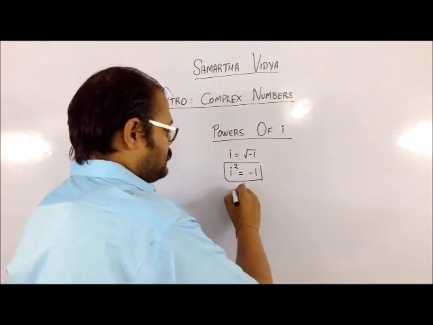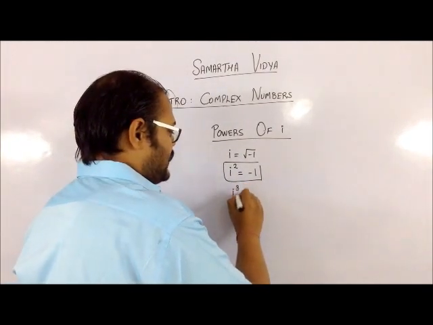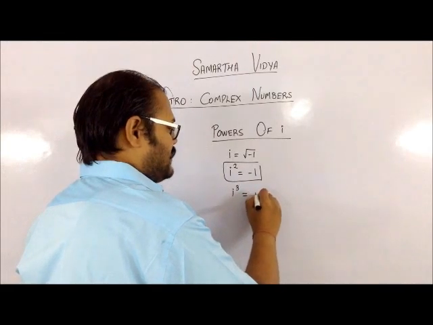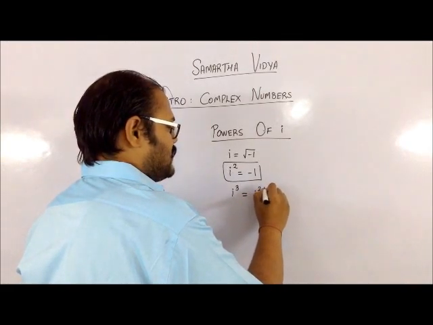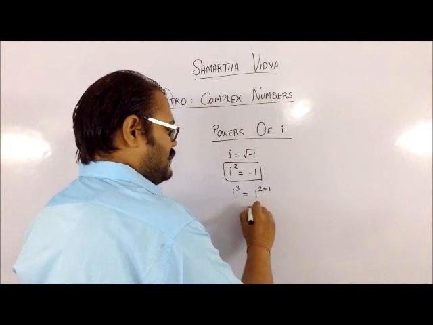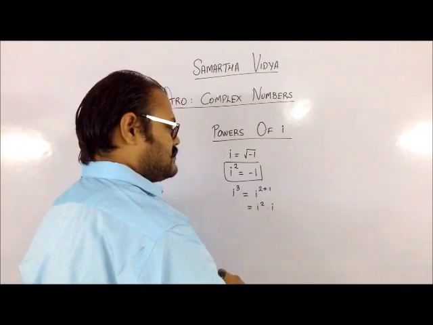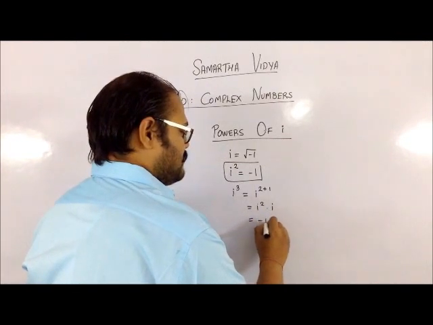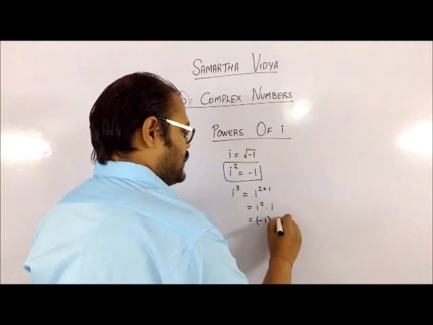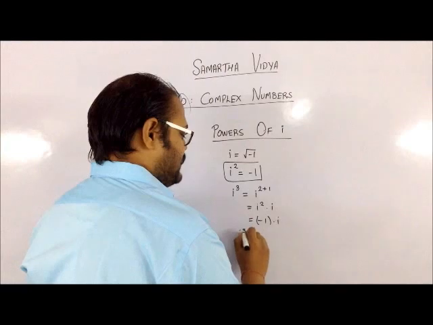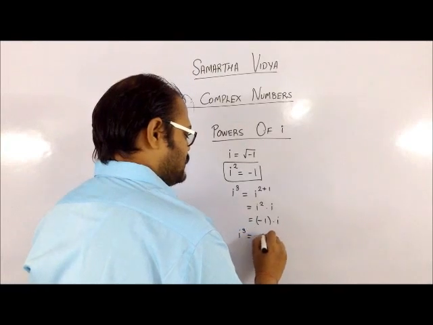If I continue with finding i cube, it can be written as i raised to 2 plus 1. By laws of indices, this can be written as i square into i. i square is -1 into i, so I am getting i cube as -i.